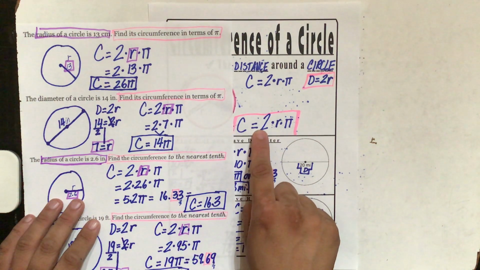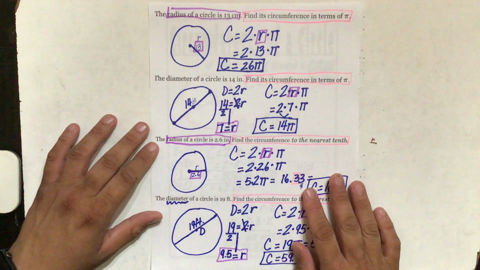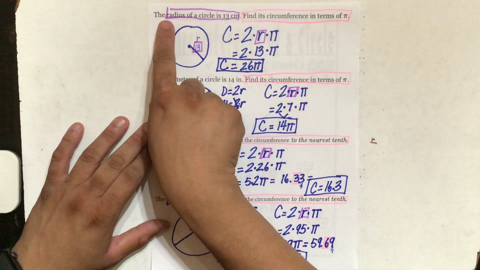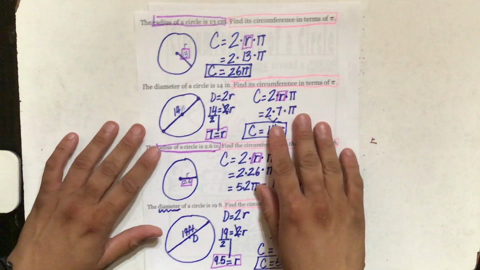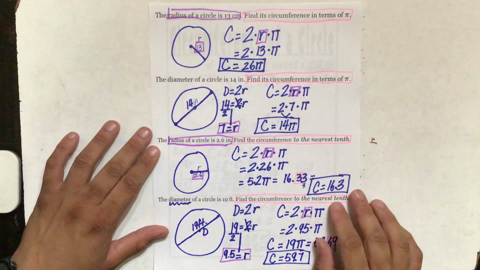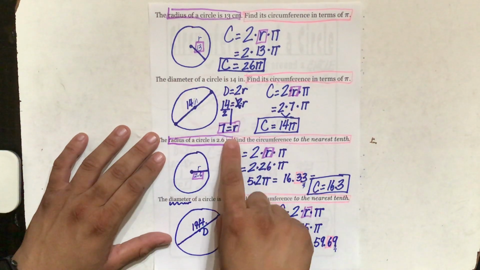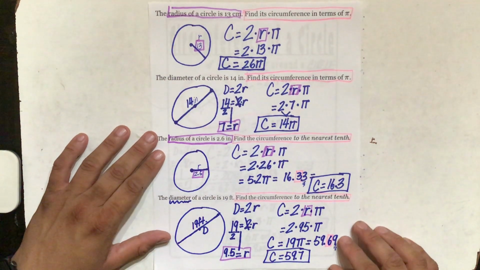Circumference is equal to 2 times R times pi, right? In problems where you don't have diameter, we do not use D equals 2R. But ones that have diameter, we do have to use it. Okay, so keep that in mind.